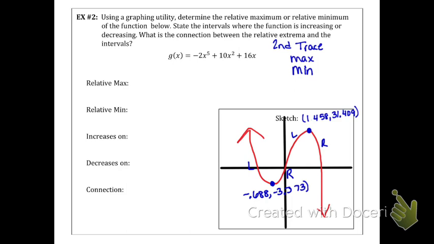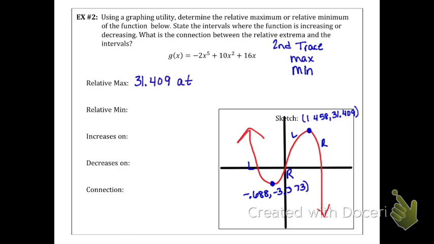All right, and so now we can go through and answer what it's wanting us to answer. It says, what is the relative maximum? Well, your relative maximum is usually your y value, but they didn't express if they wanted an ordered pair or just a y. So what I'm going to do is my relative maximum is going to be that 31.409.